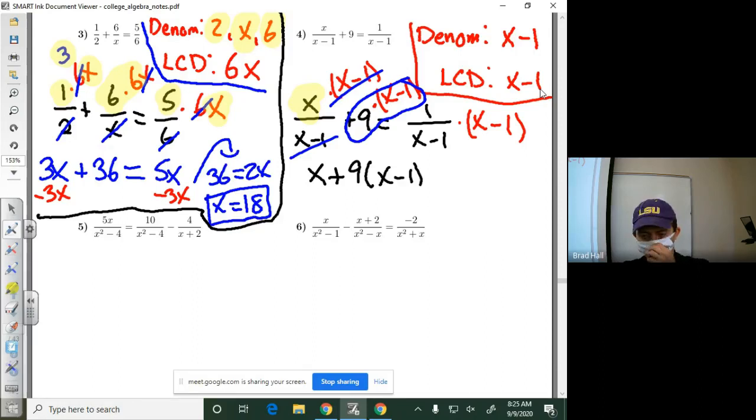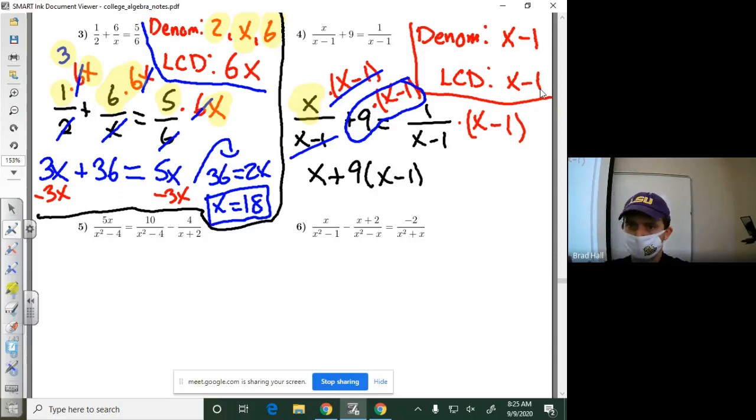I put them here as opposed to the other problems because now my least common denominator had more than one term to it. It had x minus 1. With this expansion of terms, I need to be considerate about containing all of them together as one concrete value. So that's why I put x minus 1 in parentheses.